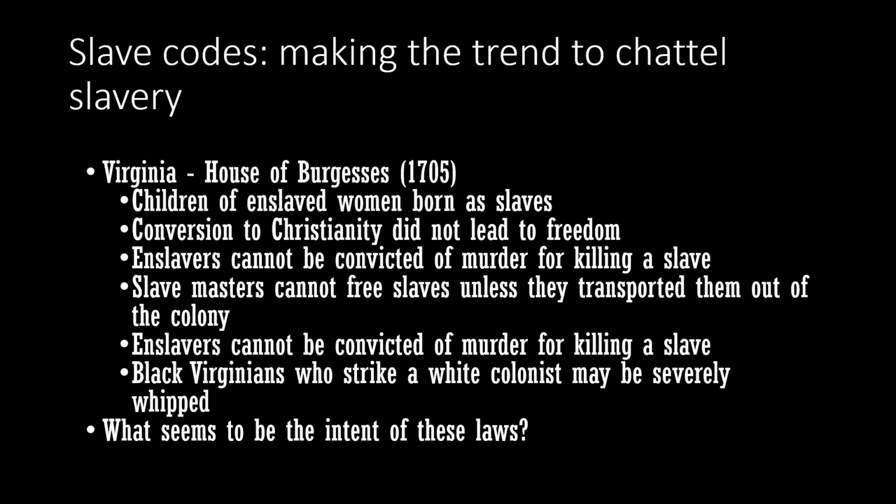There are many reasons for this, but what's very clear about this practice is that they didn't want emancipated former enslaved peoples of African descent to congregate or be near the enslaved African population.